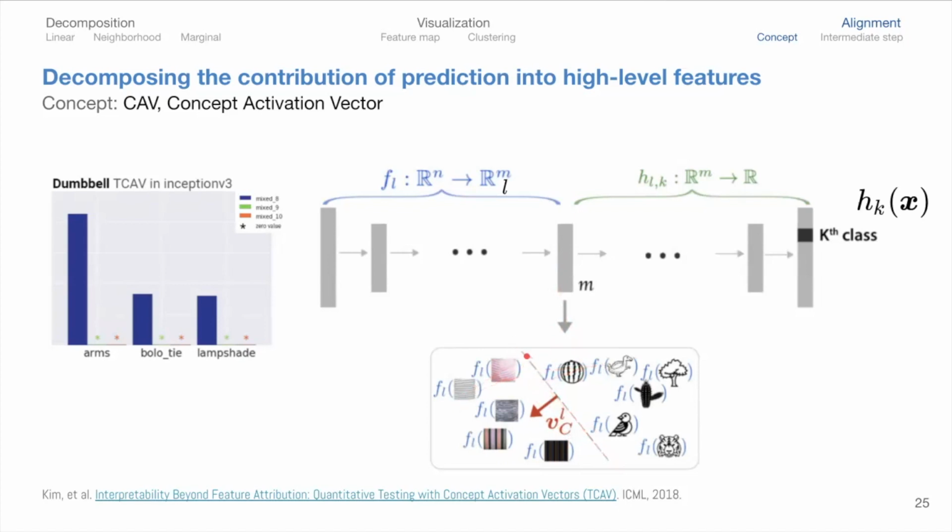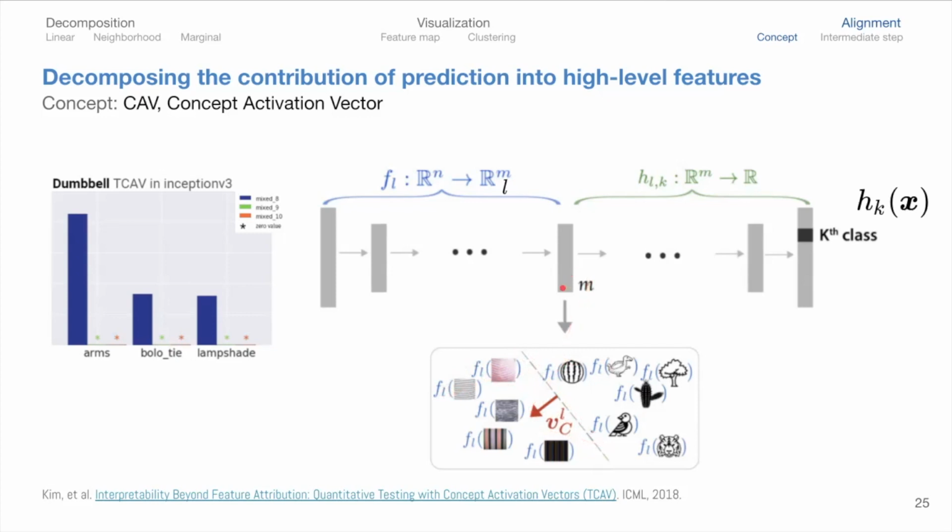So here is the linear vector for the concept stripes, and it gives some positive examples and negative examples. And if this decision boundary can well classify these two examples, then we can use the vector that is perpendicular to this decision boundary as the concept vector.